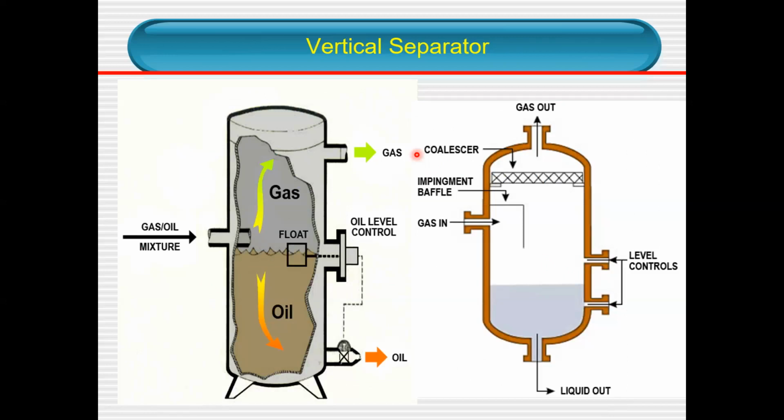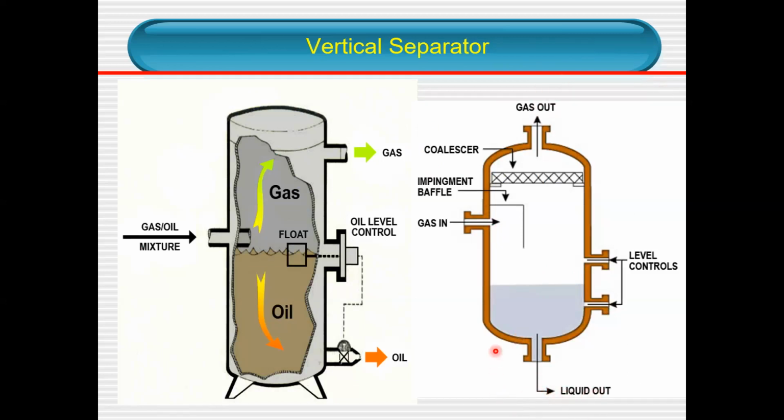These are the types of vertical separator. Most of the time, for condensate or very lean crude oil, you'll be using a vertical separator, so that you can easily separate the gas and liquid or oil in the separator itself before you send them out to the pipeline or to the sales point.